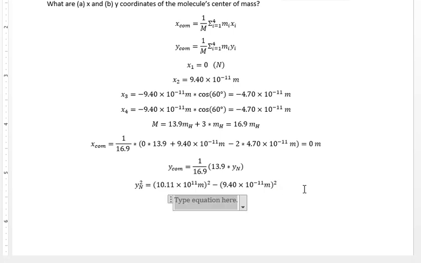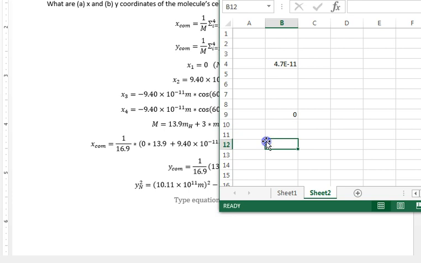So let's go ahead and get that. Equals 10.11.